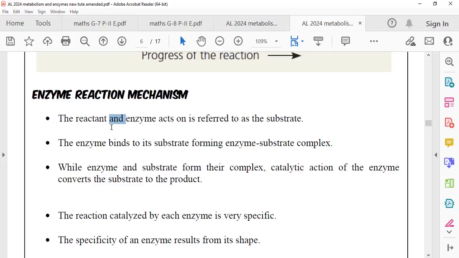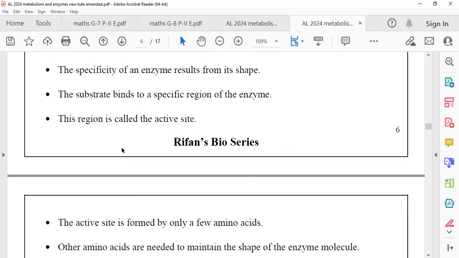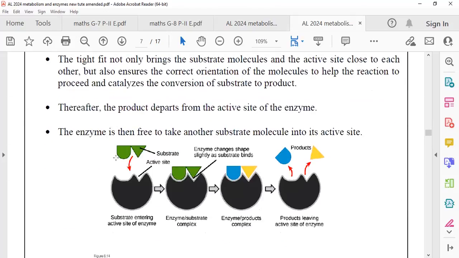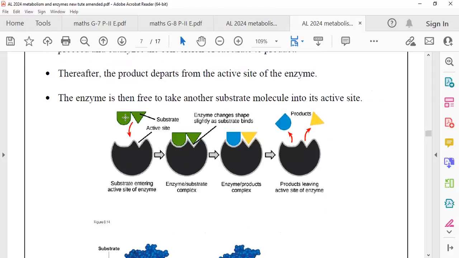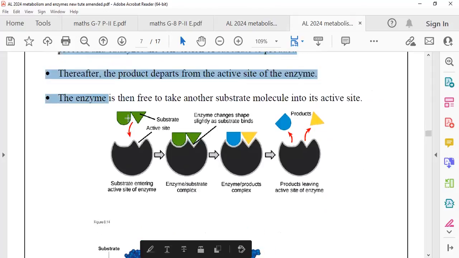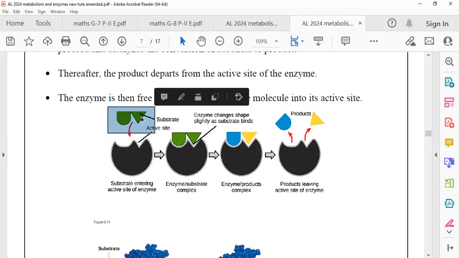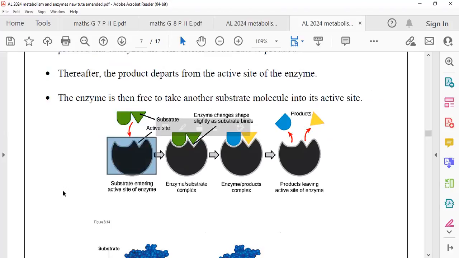Right. When an enzyme meets a substrate, can you see this picture? What is this one pointed to you? That green color part? Substrate. What is the larger one? Enzyme.